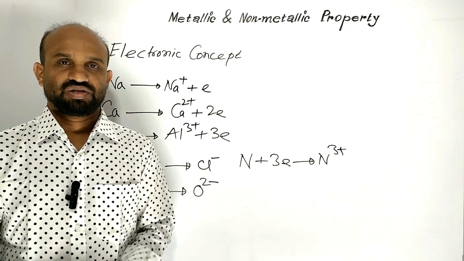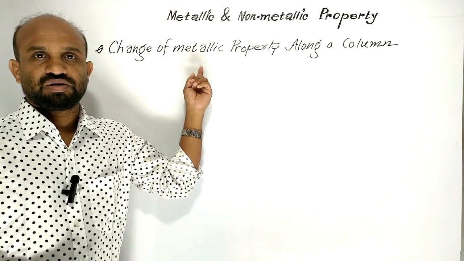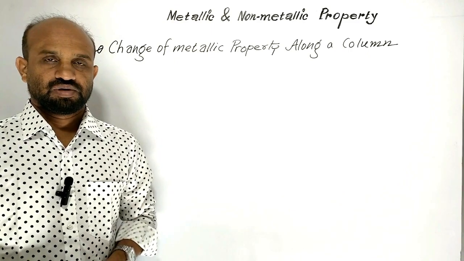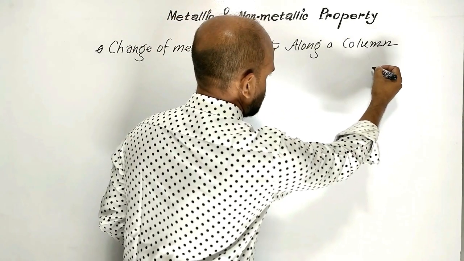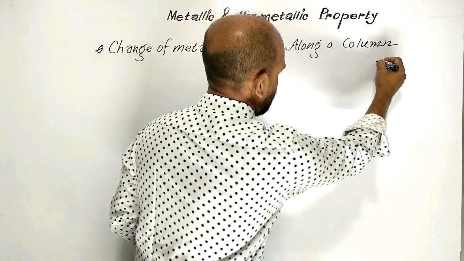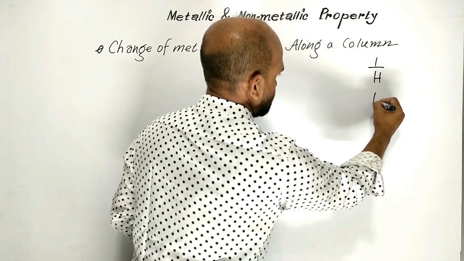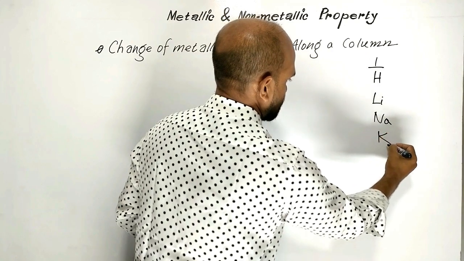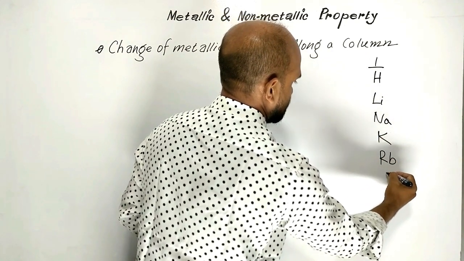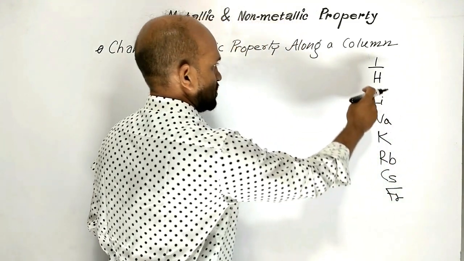Let's move on to the next point. Now, change of metallic property along a column. Let's see the matter. First of all, let's write elements that belong to column 1: hydrogen, lithium, sodium, potassium, rubidium, cesium, and francium.